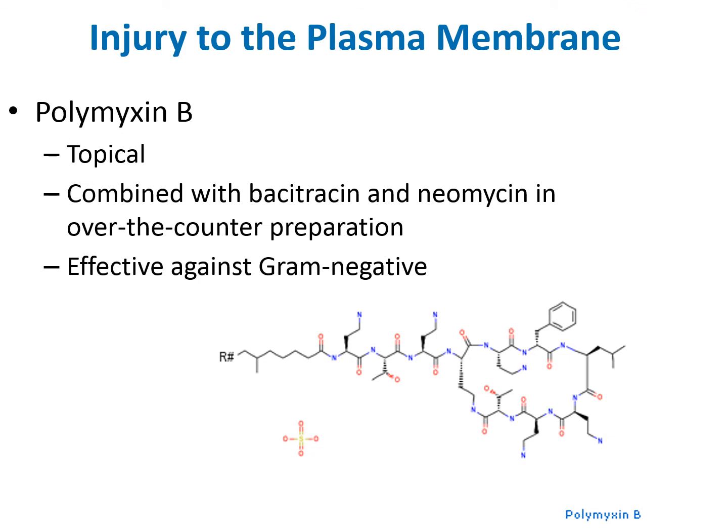Now we're going to move away from those drugs that target protein synthesis, and we're going to go to drugs that target the plasma membrane. So we have one drug for this class, and that's polymyxin B. This is a drug that is only used topically, so it's in ointments and creams. It's combined with bacitracin and neomycin in Neosporin.